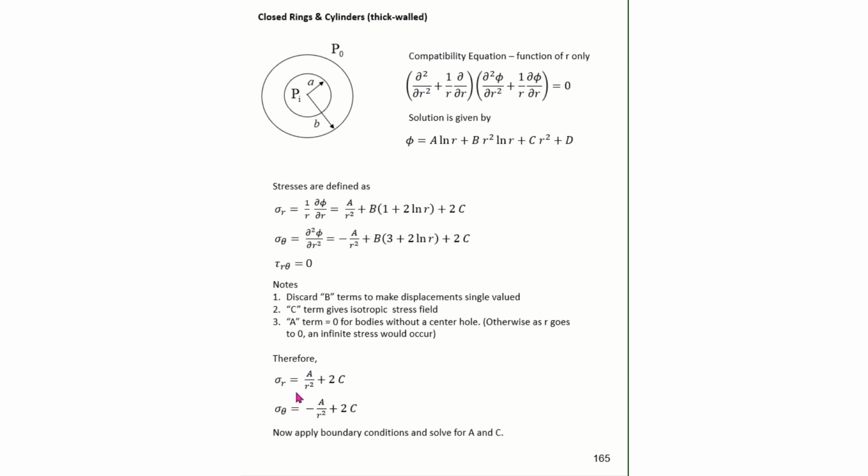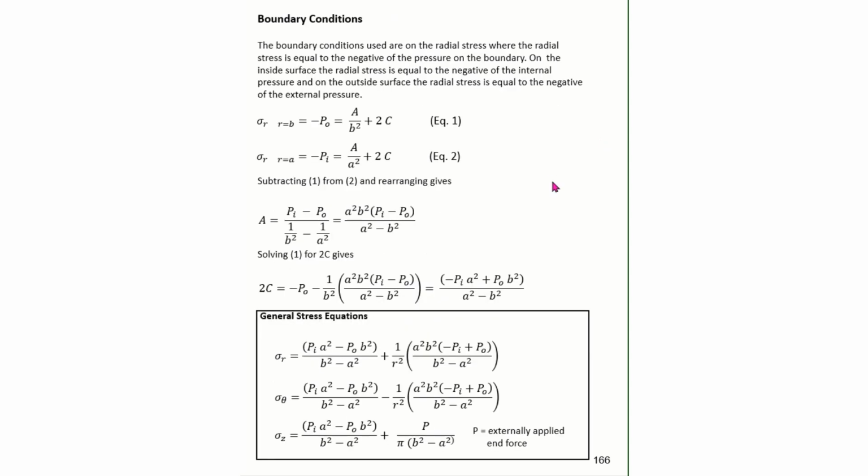Now, the boundary conditions that we're going to use to determine A and C are both set on the radial stress, like we talked about before. The boundary conditions on the radial stress that we will set are that the radial stress is equal to the negative of the pressure.